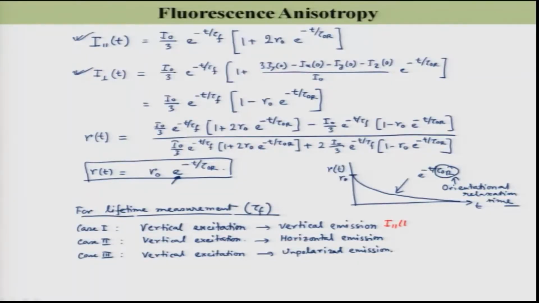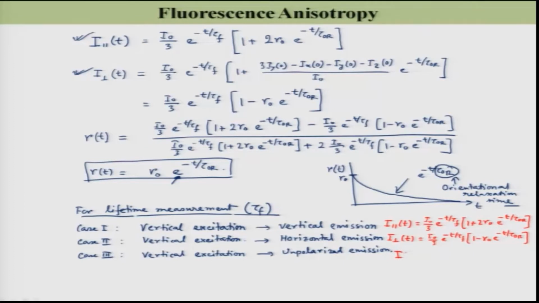So, here this is I parallel T, which is equal to I 0 by 3 e to the power minus t by tau f into 1 plus 2 r 0 e to the power minus t by tau r. This one is I perpendicular T. So, this is I 0 by 3 e to the power minus t by tau f into 1 minus r 0 e to the power minus t by tau r, and this is for the unpolarized.